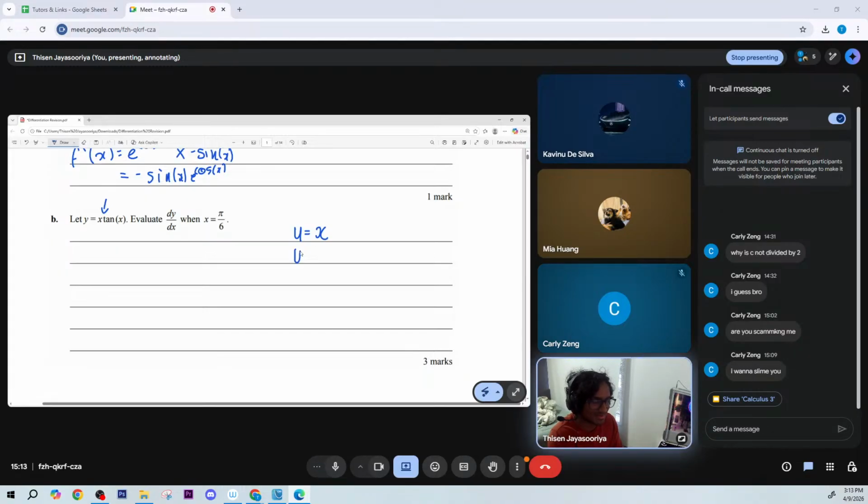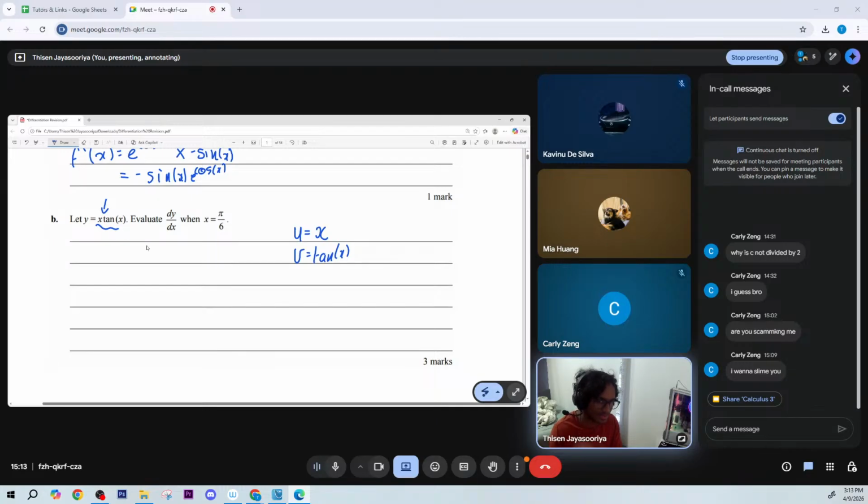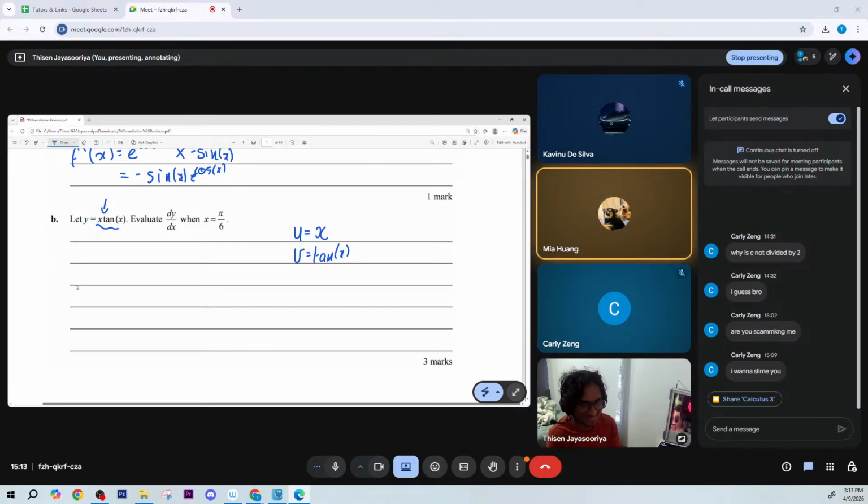So this is a quotient rule. Why is it a quotient rule? No, product rule. Sorry, product rule, because they're times together. Yeah, the times together.